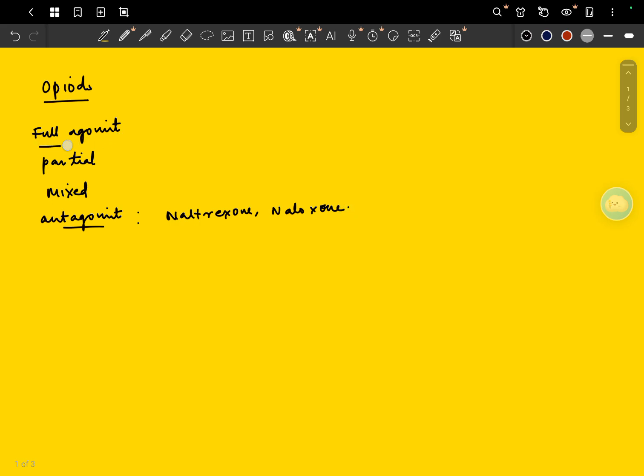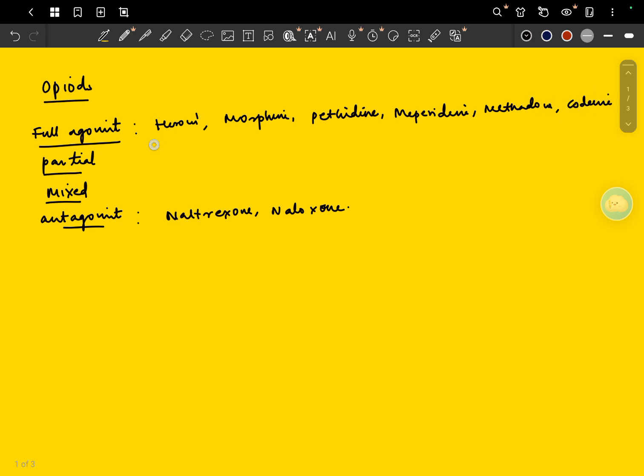And coming to full agonist, partial, and mixed. So full: heroin, then we have morphine, pethidine, meperidine, methadone, codeine, then fentanyl.